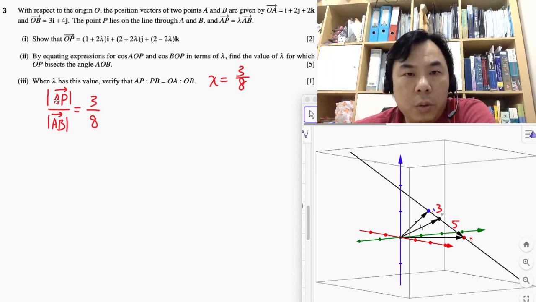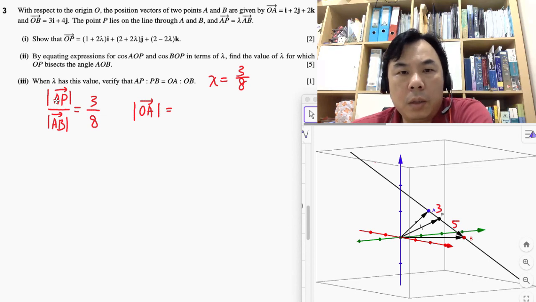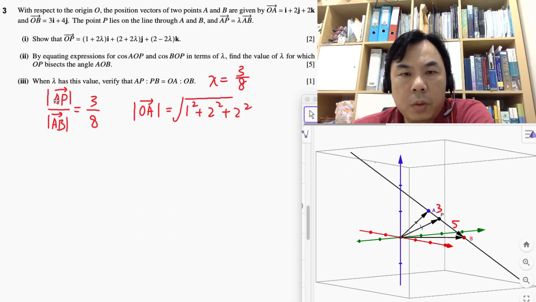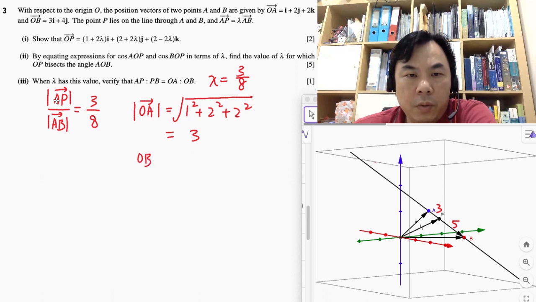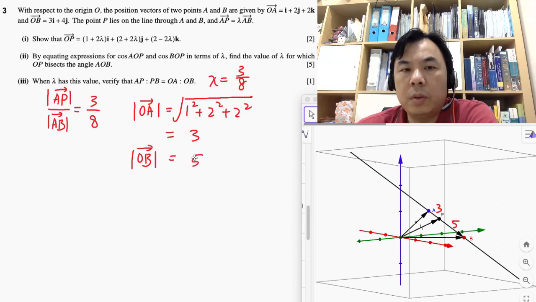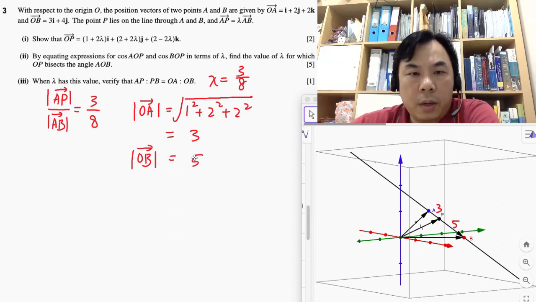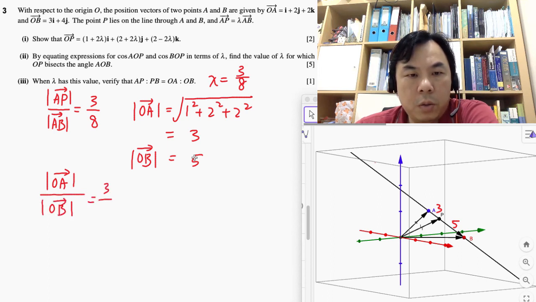And then we also know that the length OA, now we can verify that again. The length OA in this case is given by 1 square plus 2 square plus 2 square, square root that. We have already found that previously was 3. And then we can also find out the length for OB. In this case, it should be very obvious, it's a 5 there. And then from here, we know that the magnitude of OA over the magnitude of OB is the same as 3 over 5.